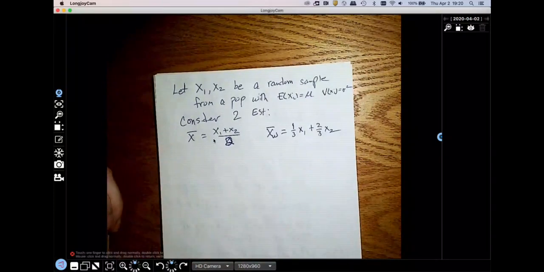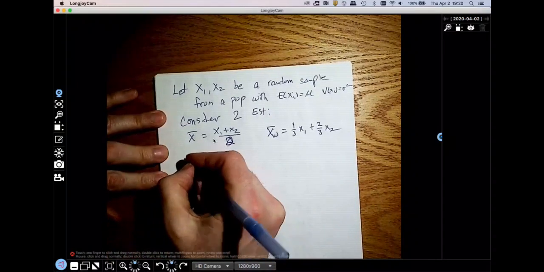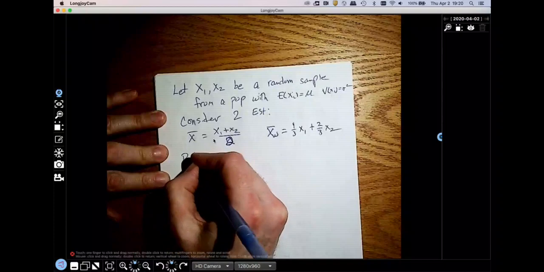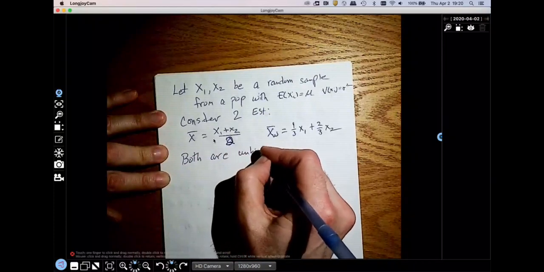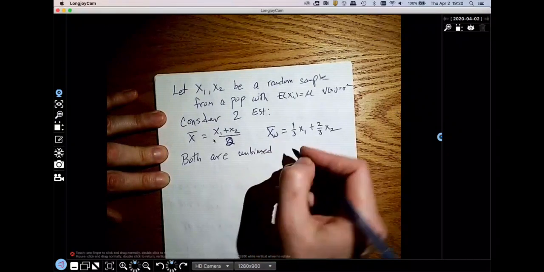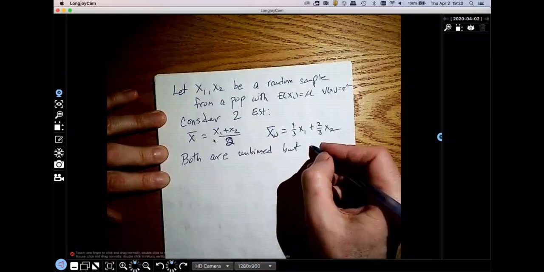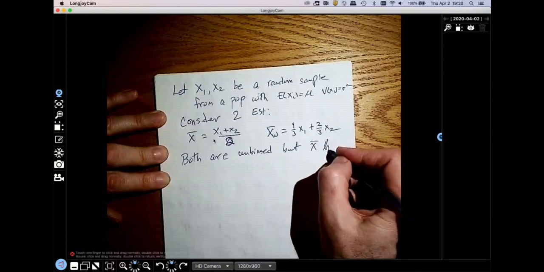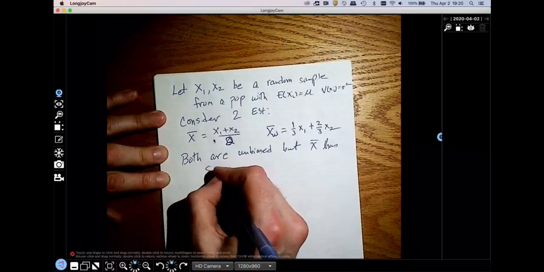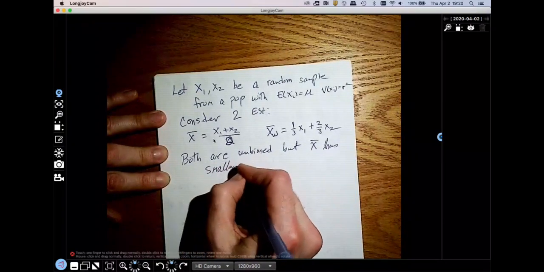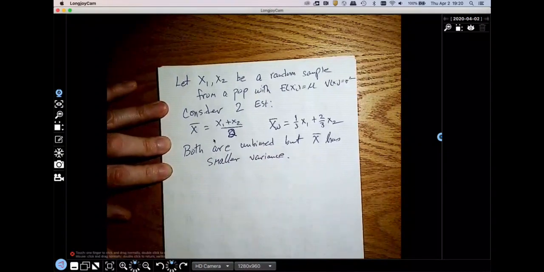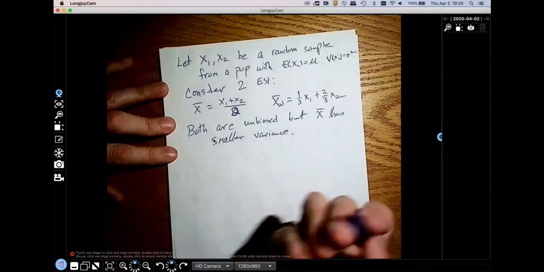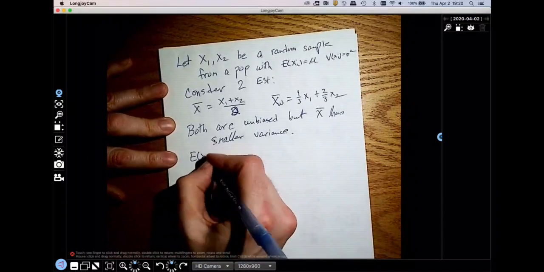So what I'd like to show you here is that both of these estimators are unbiased, but x bar has smaller variance. So let's just go see this. What is the expected value of x bar?